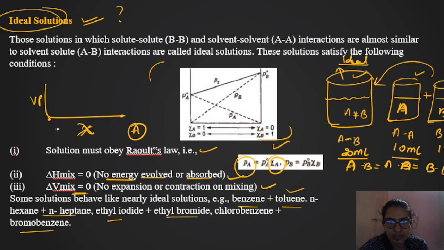The mole fraction of A is increasing, from 0 to 1. What happens at this point when the mole fraction of A is 0? Do we have any vapor pressure?